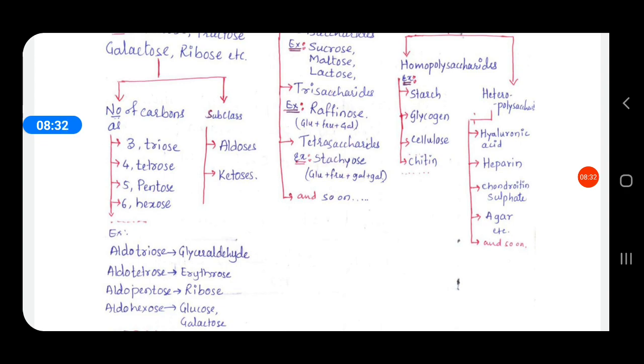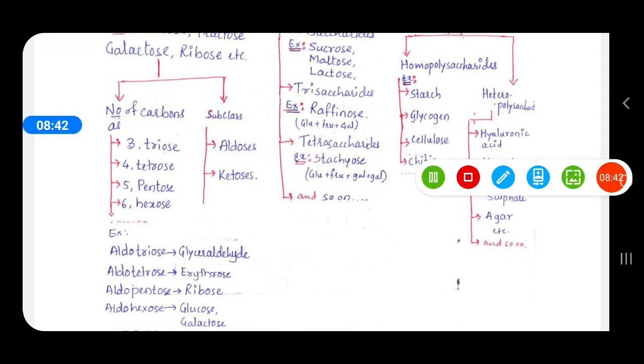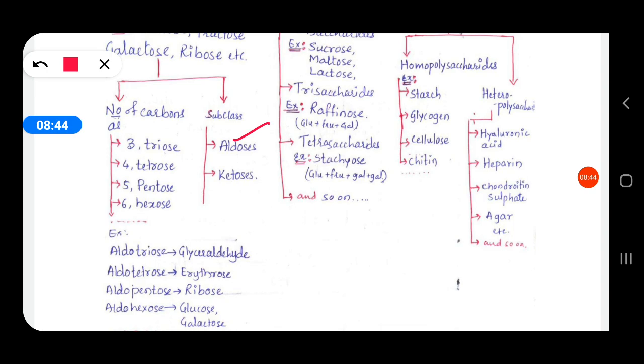One is depending upon the functional group present, they are classified as aldoses and ketoses. If the functional group is aldehyde, then they are called aldoses. If the functional group present is ketone, then they are called ketoses.